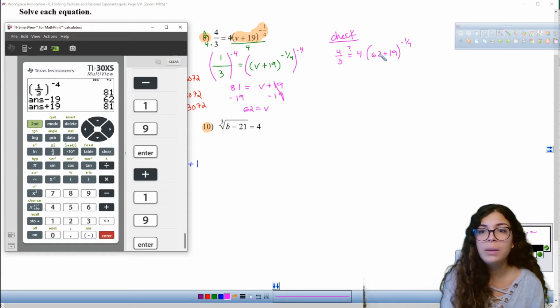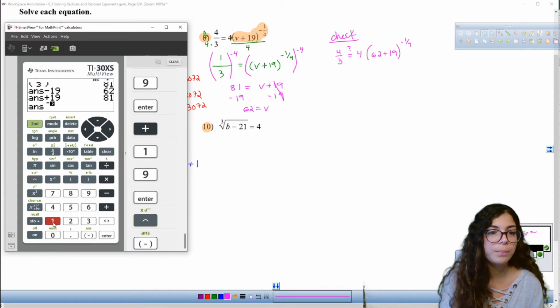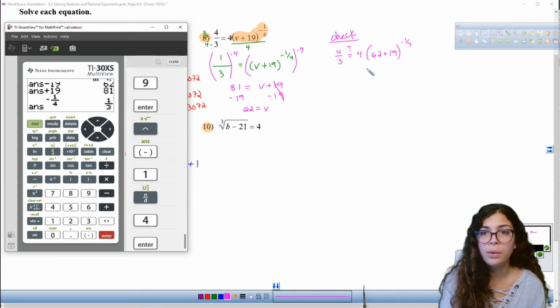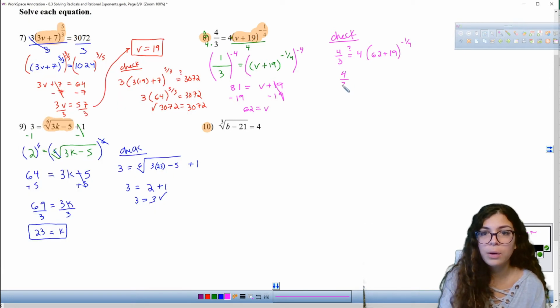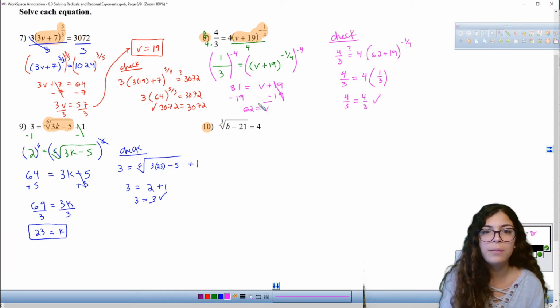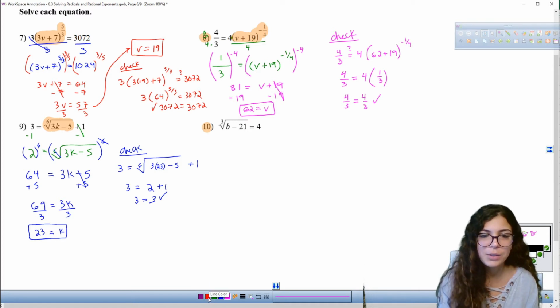So we have 81 raised to the power of negative 1/4. All right, so that's 1/3. So we have 4 over 3 equals 4 times 1/3. Now 1/3 times 4 will be 4/3, so 4/3 equals 4/3. Yes, this is a good and valid solution. v equals 62 is my answer.